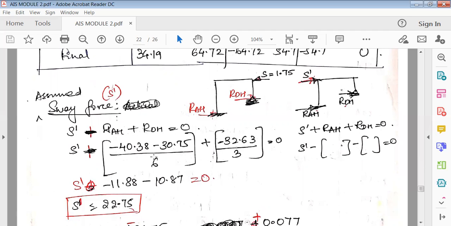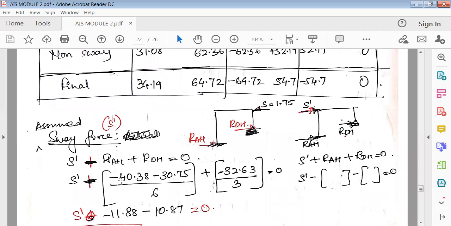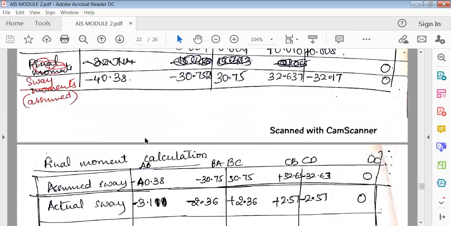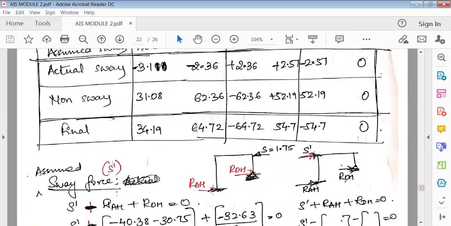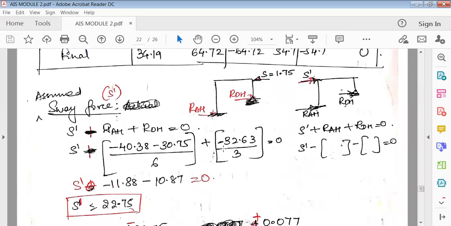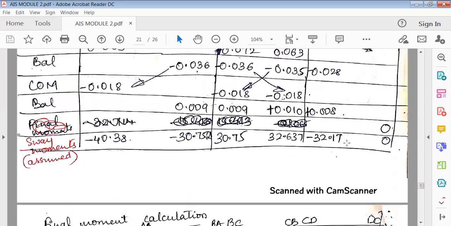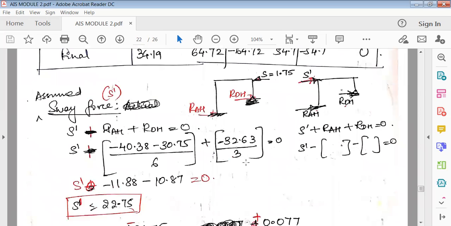We've already got this in the sway force, that is this 40.38 plus 30.75. The same forces here. Then in RDH, we've got only one, that is 32.17, divided by 3. So apply this formula equal to 0. Solve this, so S dash is 22.75.